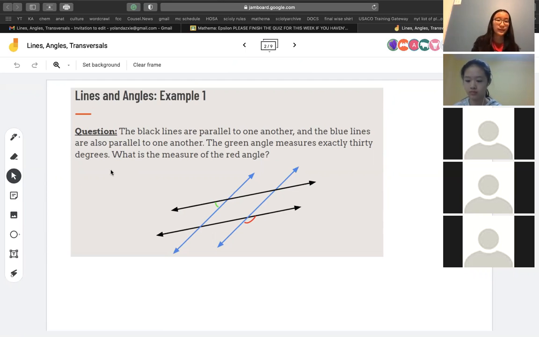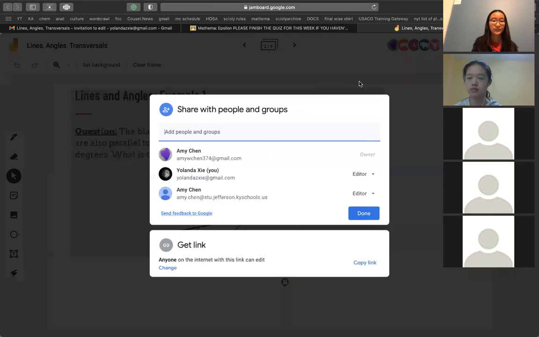And then what you can do is go to the left, find the sticky note option on that bar. Oh wait, can you guys? Okay, yeah, you can.